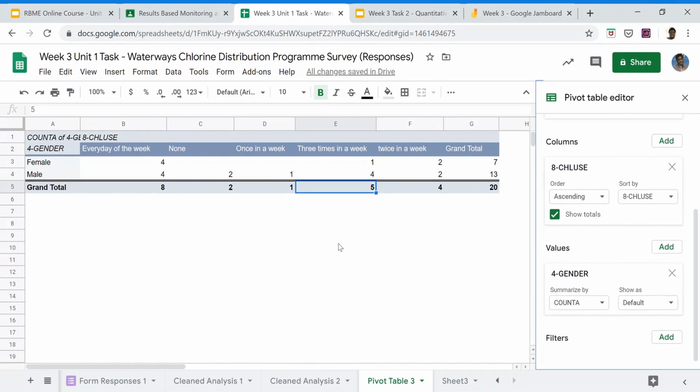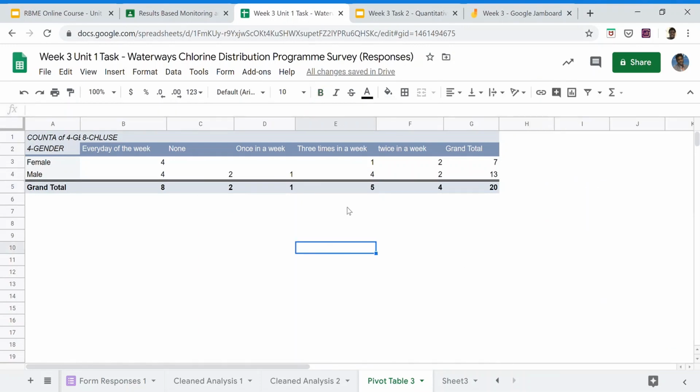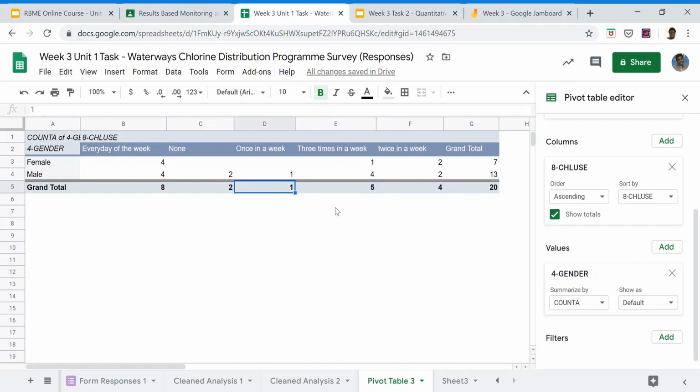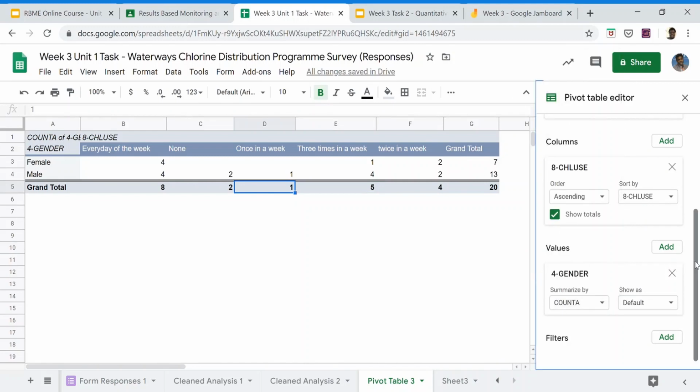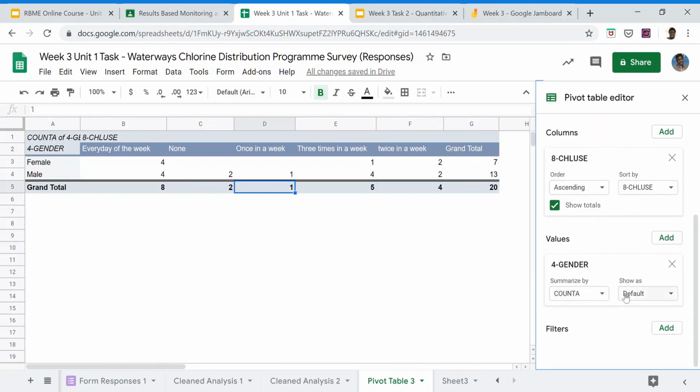One other way to interpret or show this is to present it in percentages, right? And why do we normally present in percentages?